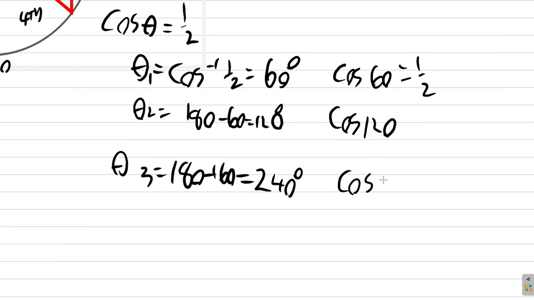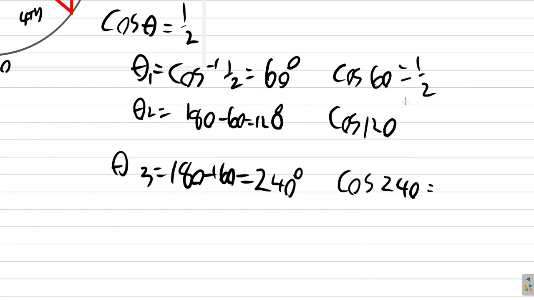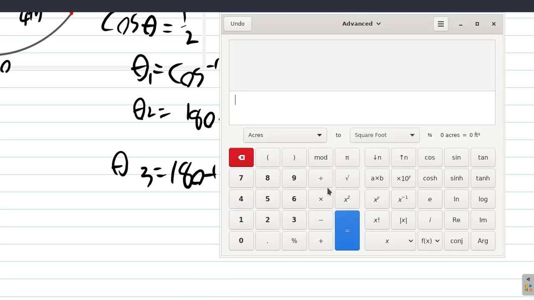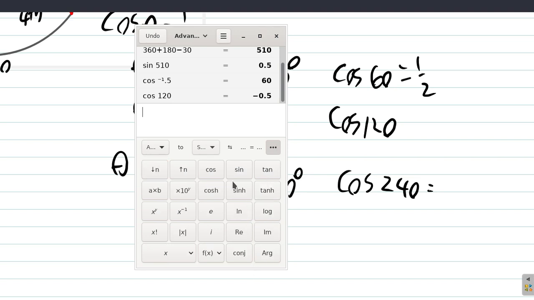What is the cosine of 240? What do you think it's going to be?